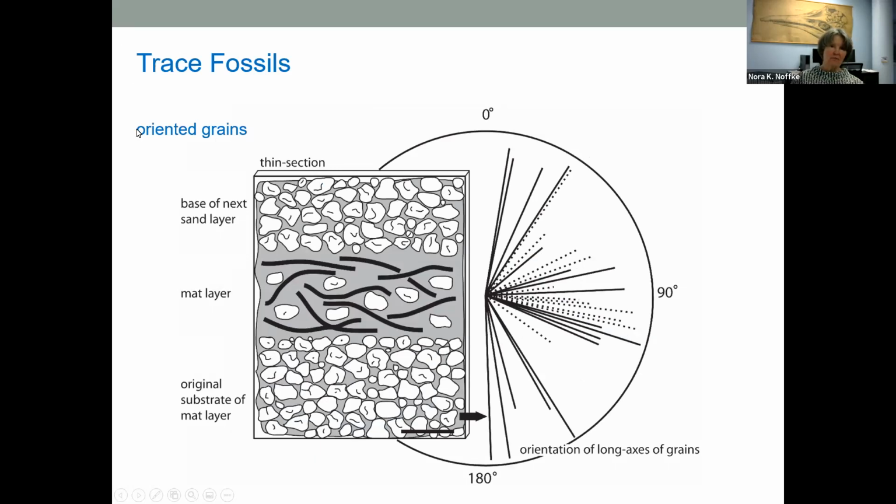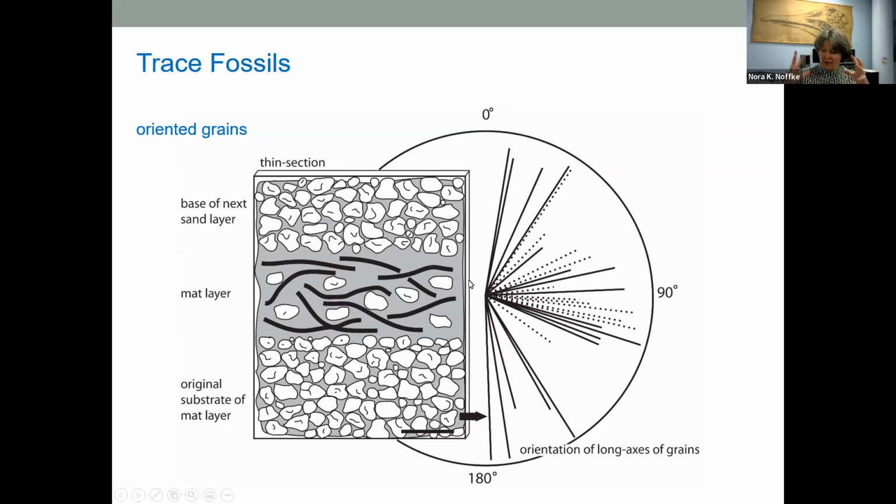Here the example of oriented grains that become visible in vertical sections through a microbial mat layer, which is shown here. Those black lines are filaments. What you see here are individual grains that seem to float in this organic matrix. The reason is that initially each grain was surrounded by a thin biofilm.